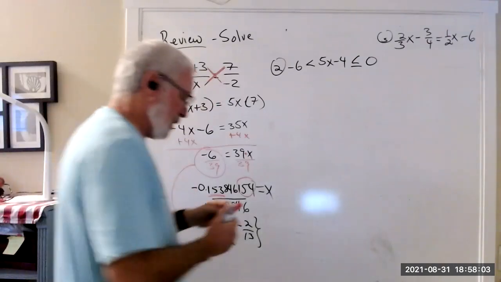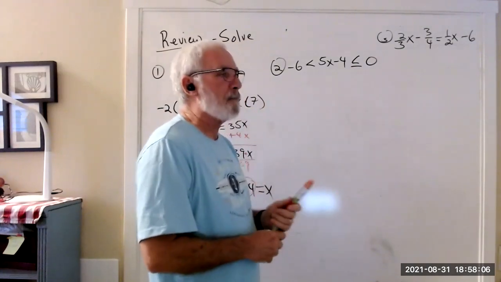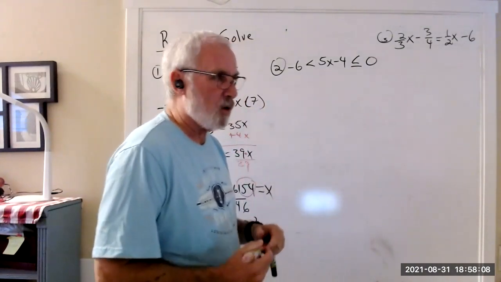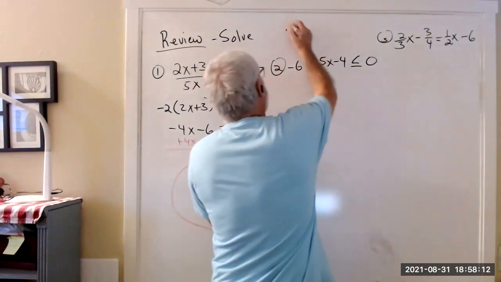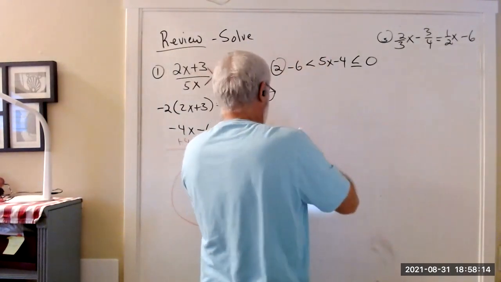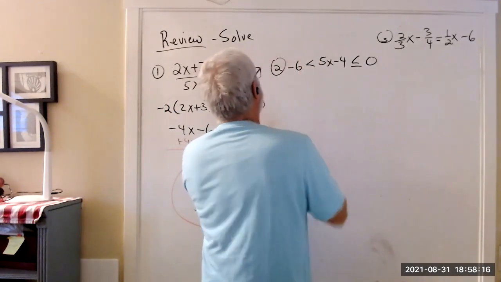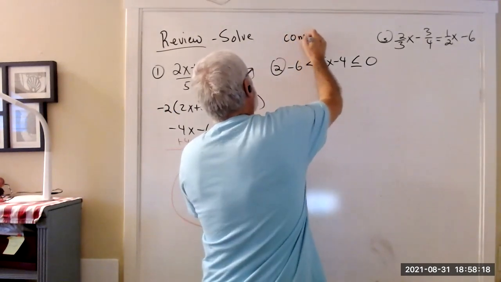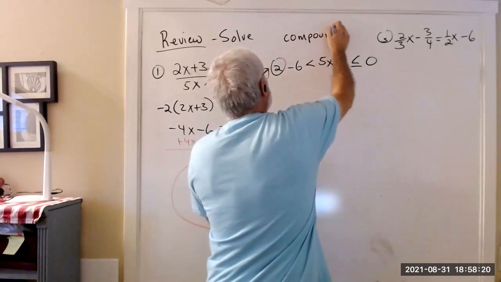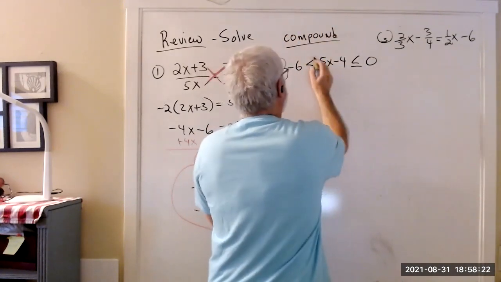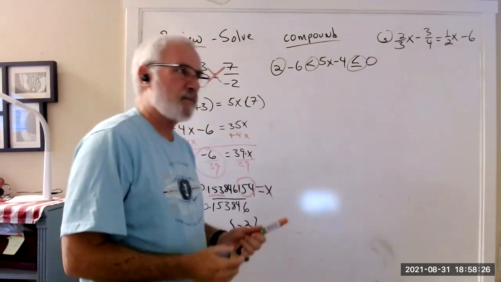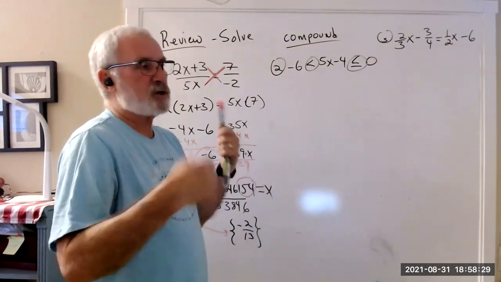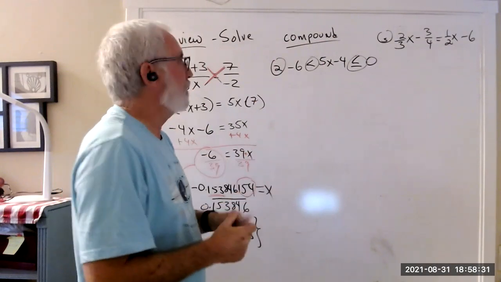Next one over here. This was called a complex inequality. No, excuse me, compound. I beg your pardon, compound inequality, not complex, compound. Okay, because it's got two inequality symbols in one problem. And again, I showed this right at the end of class last week.